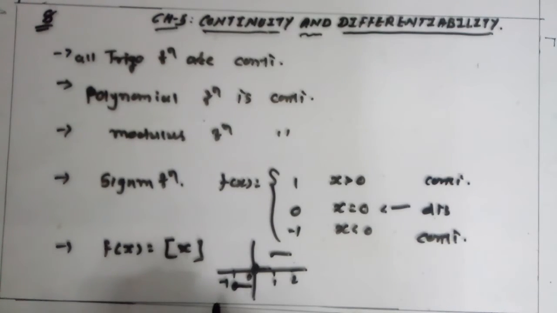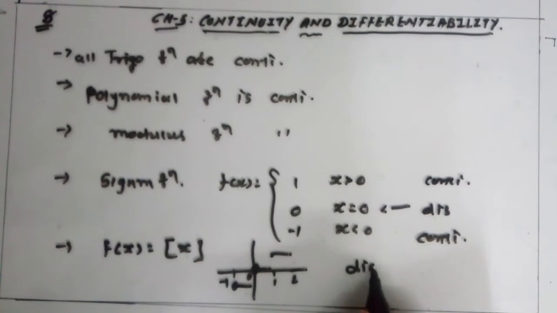So we get this type of step graph for the box function, the greatest integer function. So this is a discontinuous function.